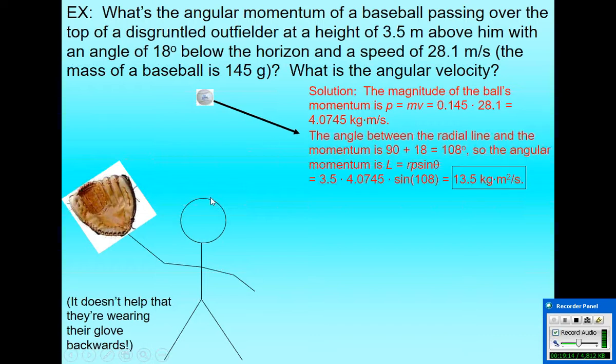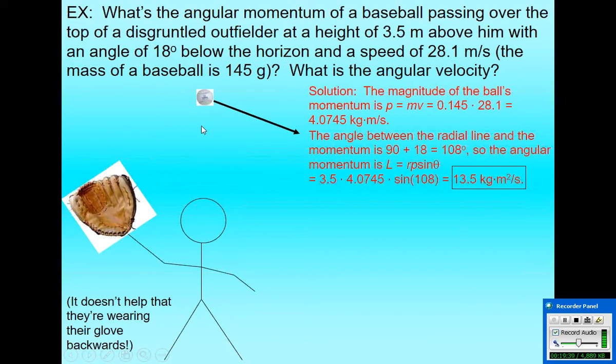The angle between the momentum of the ball, which is represented by the black arrow, and a line from the outfielder's head to the ball. We're going to treat the outfielder as the center. Things are from the perspective of the outfielder. The line, when it's directly overhead, is straight up.